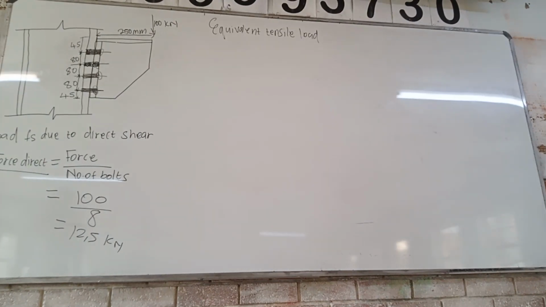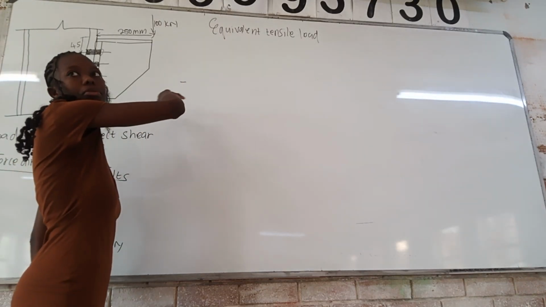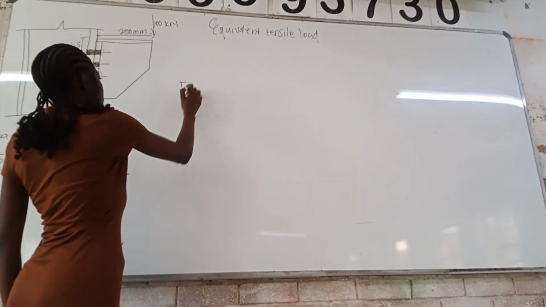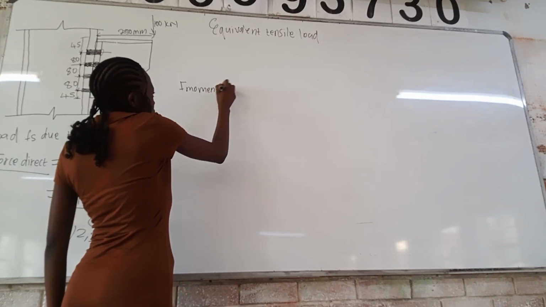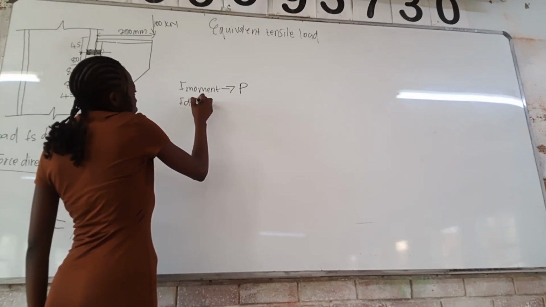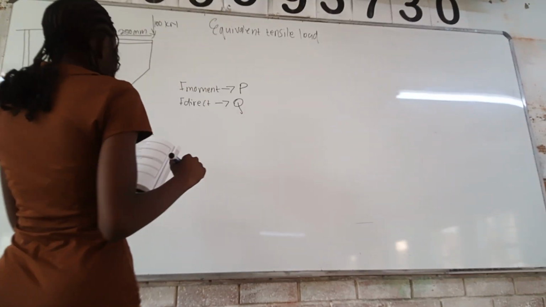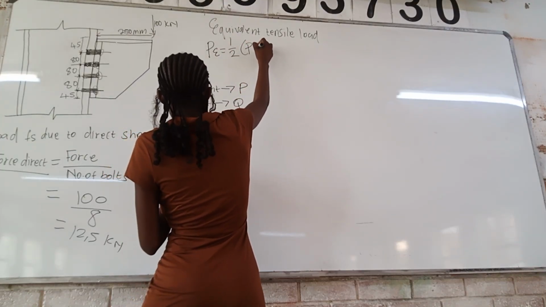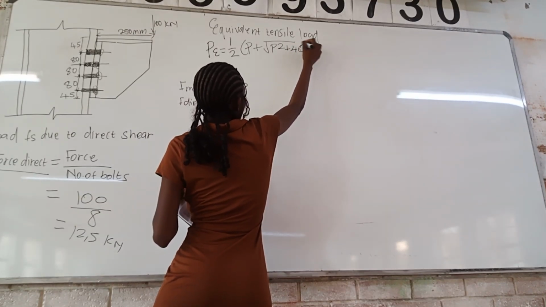We are now going to calculate the equivalent tensile load. The first force that we calculated, F moment, is represented by P. And then F direct is represented by Q. So the equivalent tensile load PE is equal to half into P plus the square root of P squared plus 4Q squared.